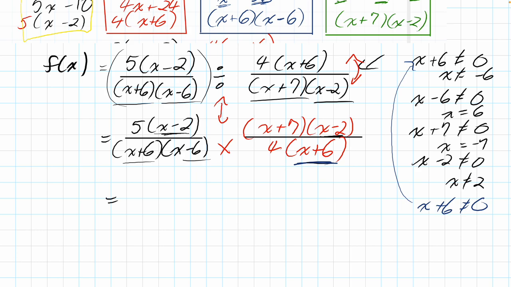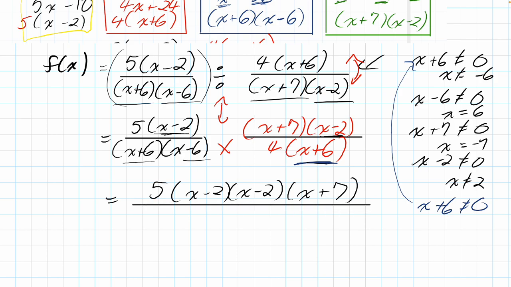Now, there is one little piece I can simplify. Essentially, they call this like canceling out or creating ones. But I'll write this all as one fraction. X minus 2, x minus 2. I'm just going to put them together because it's going to help us see this next way of simplification. Even though we're not canceling anything out, I'll put that coefficient 4 in the front. And we have x plus 6, and x minus 6.